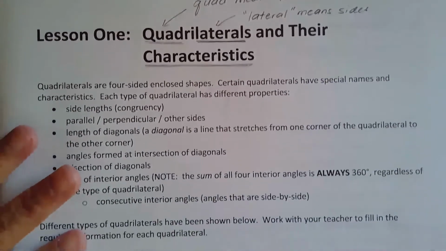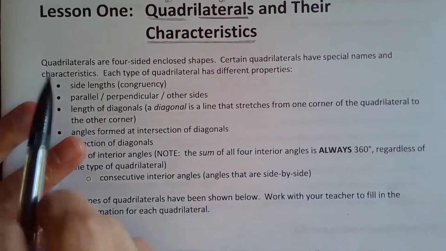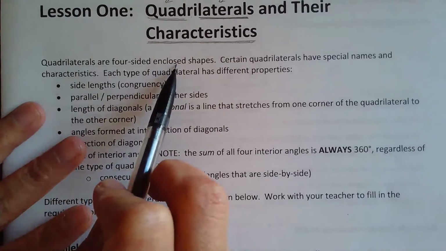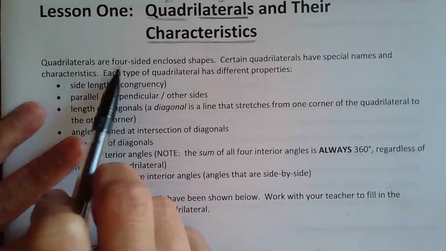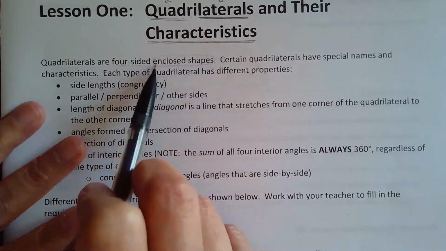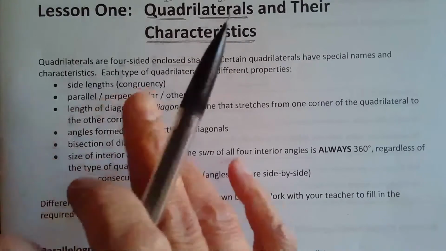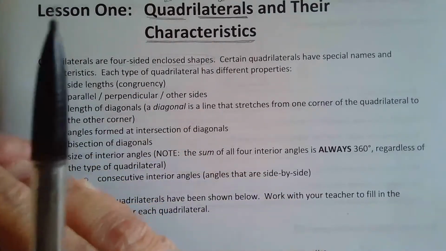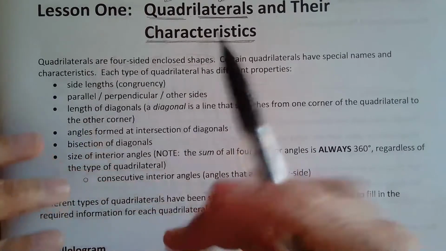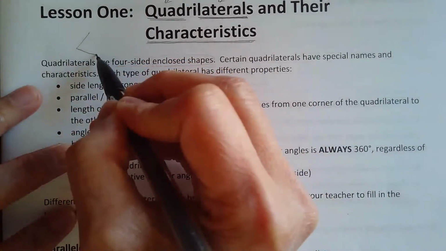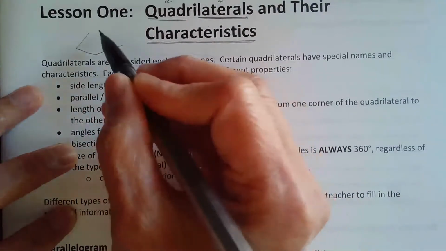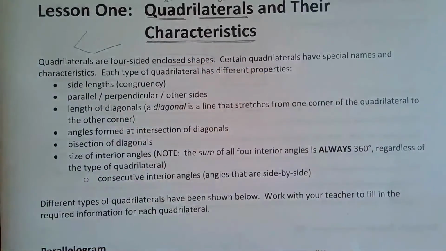Okay, so let's go ahead and look at this one. Quadrilaterals are four-sided enclosed shapes. We already talked about four-sided, and I like the way they had this enclosed shape, because it is four-sided, but then it has to close. I can't just say, hey, this is four-sided, but it's not a closed shape.